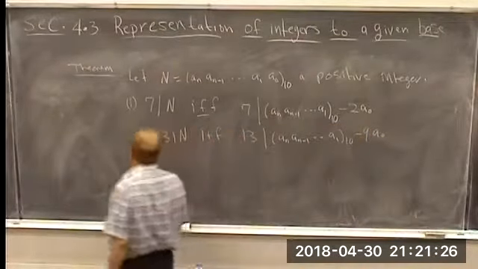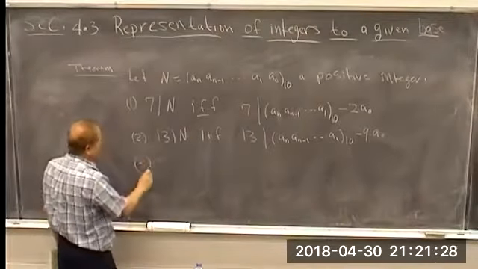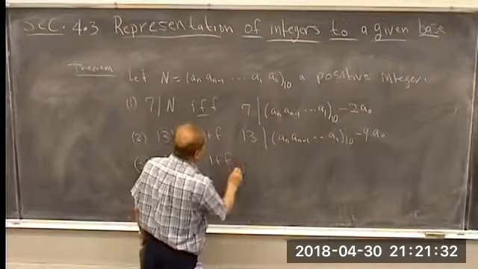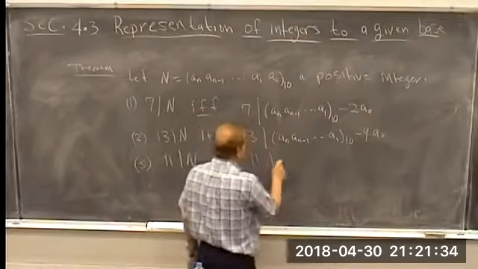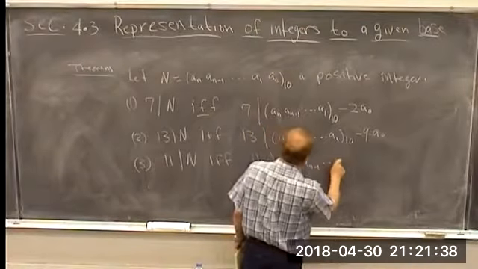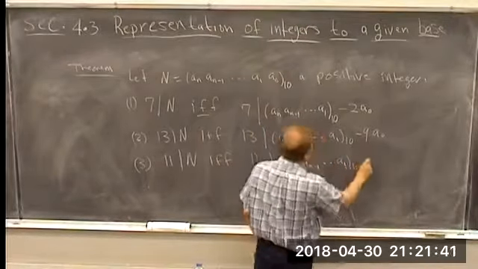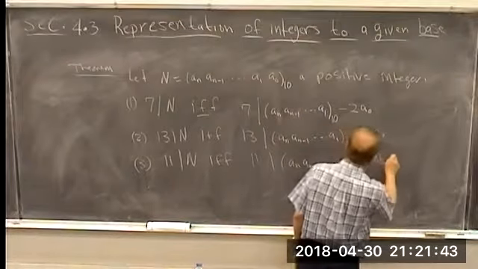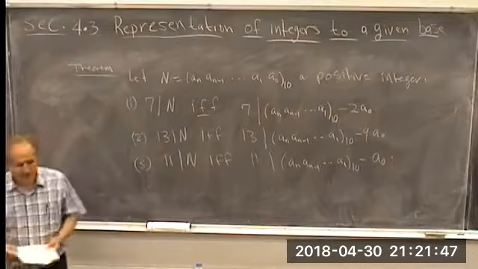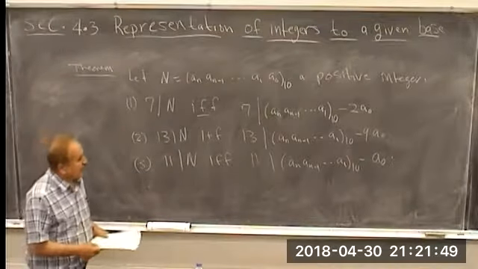Also, you can do another divisibility test for 11: 11 divides n if and only if 11 divides a_(n-1) up to a1, minus a sub 0. So you don't take very much.